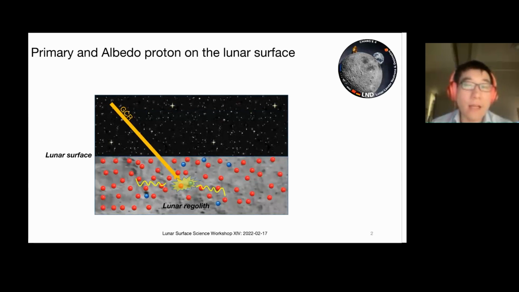After that, these protons and neutrons could travel or collide with the particles inside the lunar regolith, penetrating and moving upward, then becoming the albedo protons that I mentioned here on the lunar surface. So this is not only the protons, but also the albedo neutrons that are generated in such a way.